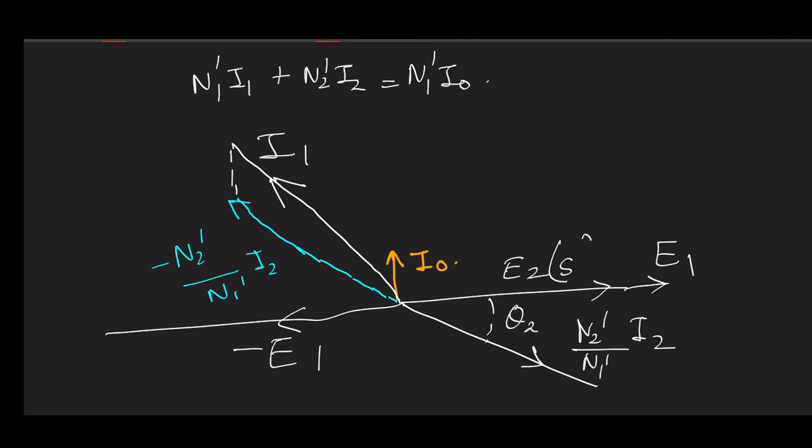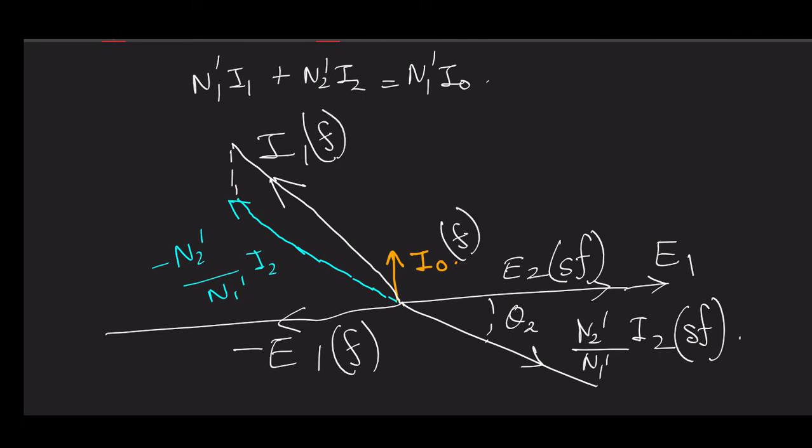The frequency of this E2 is Sf, I2 is also Sf, however E1 frequency is F, I1 frequency is F, I naught frequency is also F. So it is like we are doing some logical mistake, because we cannot plot two different frequency waveforms in a single phasor, isn't it? Try to understand.